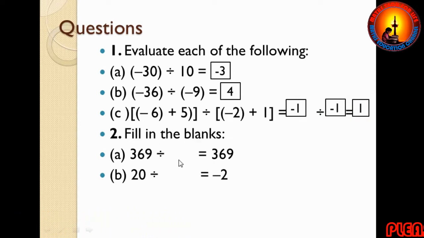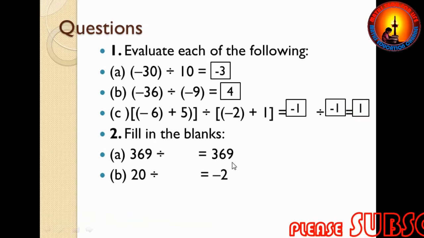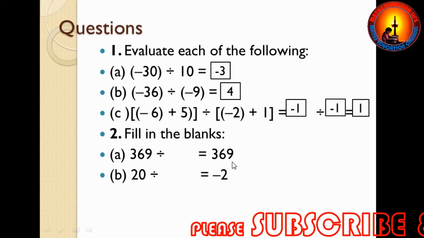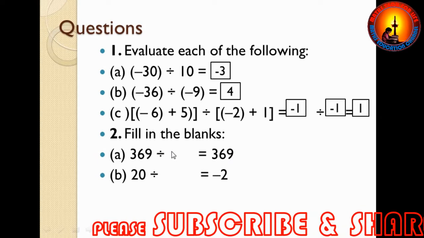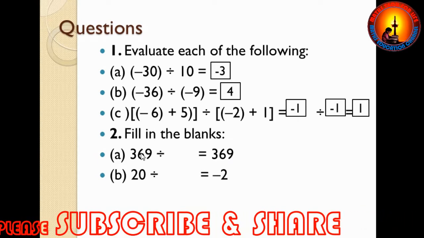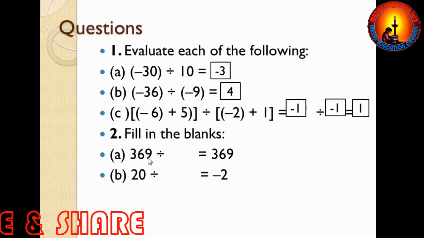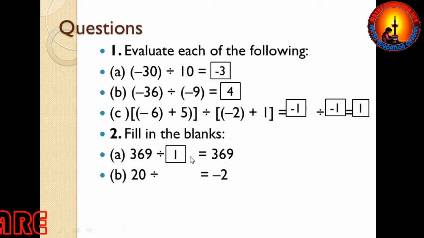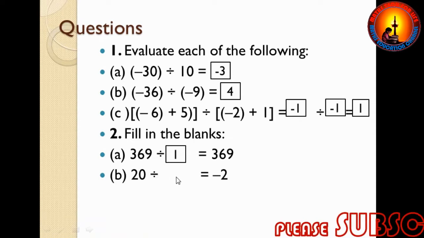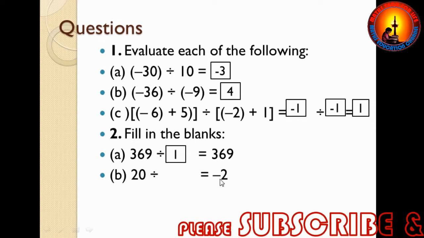Now fill in the blanks. 369 divided by dash is equal to 369. We learned the property of division, that if you divide a number by 1, you will get that number. So 369 divided by 1 is 369. Now 20 divided by which number, you will get negative 2.